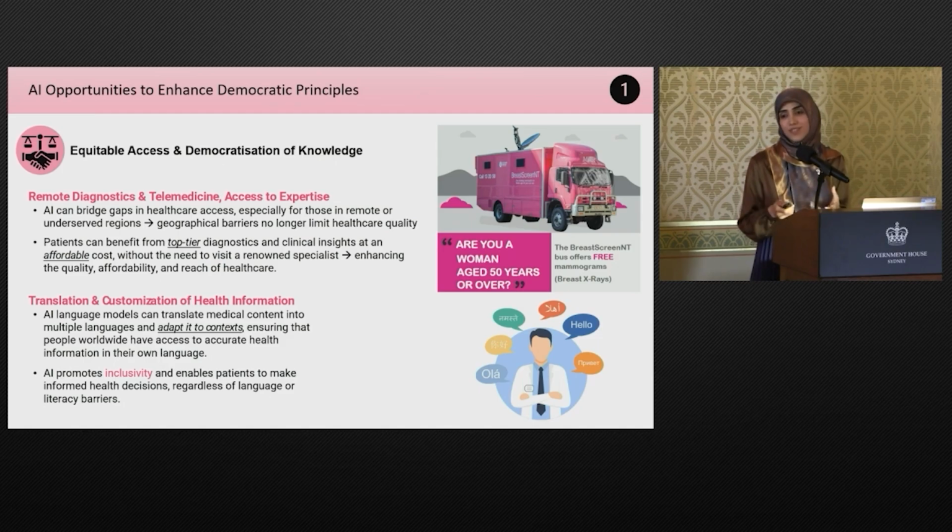But it's not just about translation. We have seen an amazing improvement in the translation capacities of Gen AI, or generative AI, in these years. But it's customization of information, making it suitable to your needs and to your understanding. Again, I think this is a very important democratic principle that can be empowered and reinforced by AI.